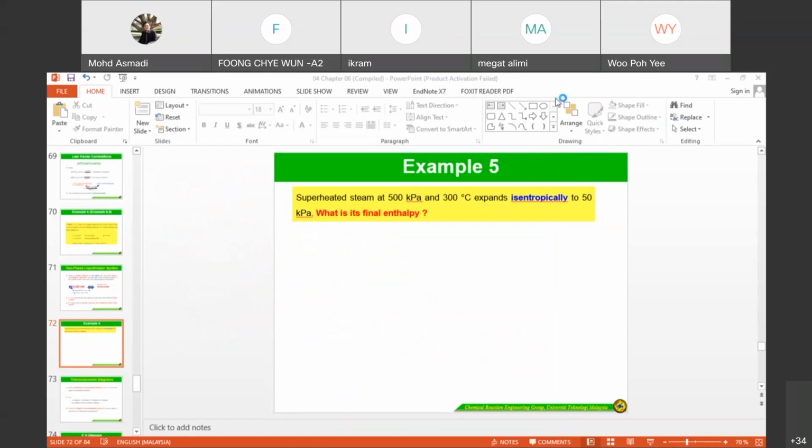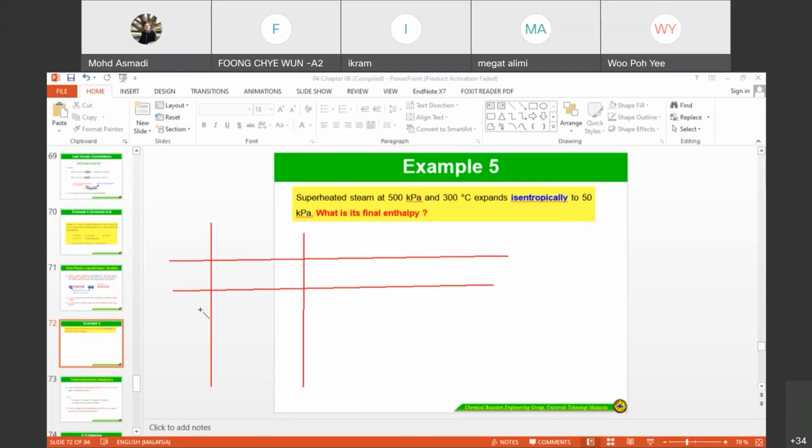Okay, so this is the pressure in kilopascal: 49.31, this one is 50, the final, and 51.33.